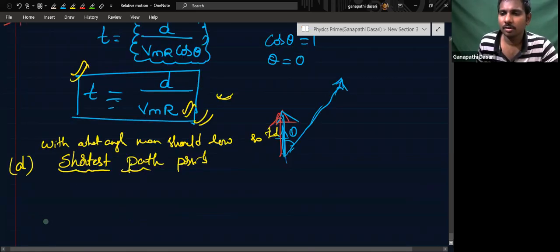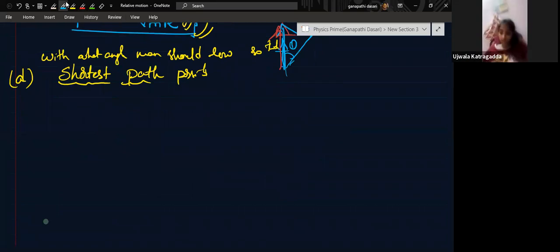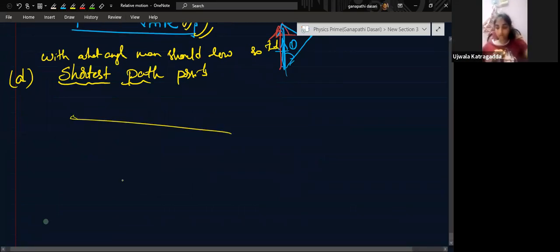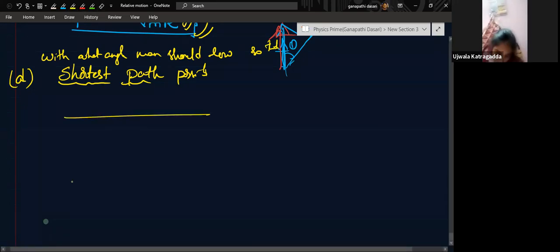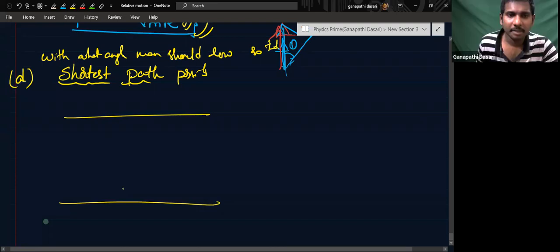Shortest path means what? That means the man should go exactly in this path.